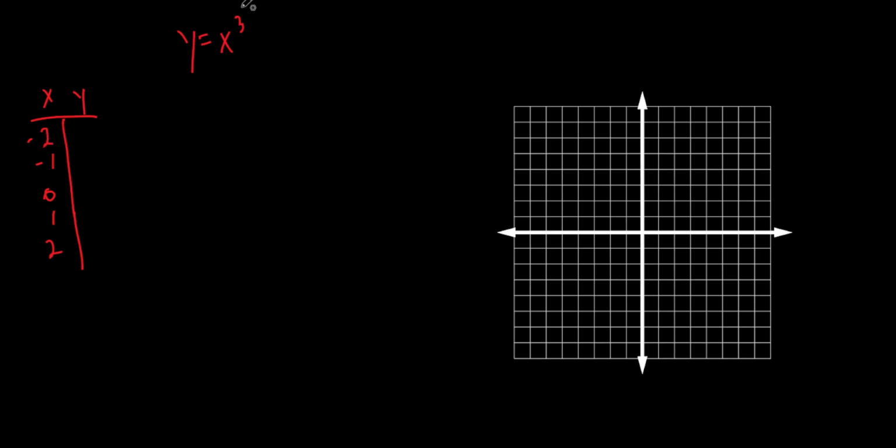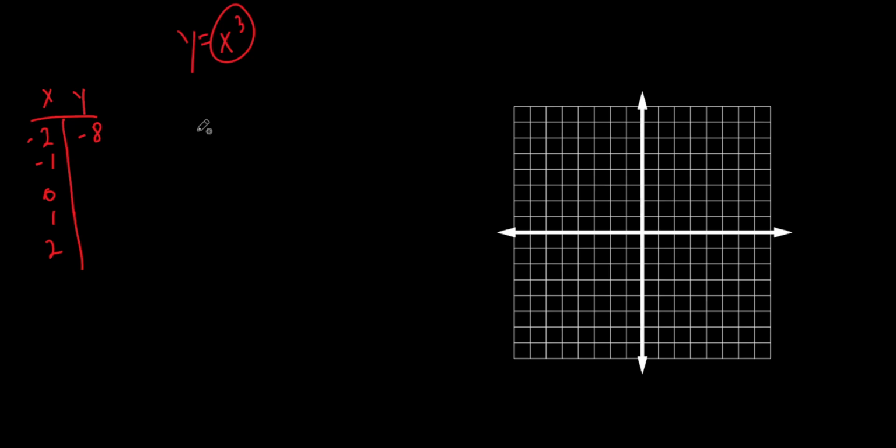Negative 2. What if I put a negative 2 in for x? What am I going to get? Negative 8. Negative 8, because it's an odd exponent, and when I have a negative, I'm always going to get a negative when it's an odd exponent. Agreed? Because negative times negative is positive, times another negative is negative.